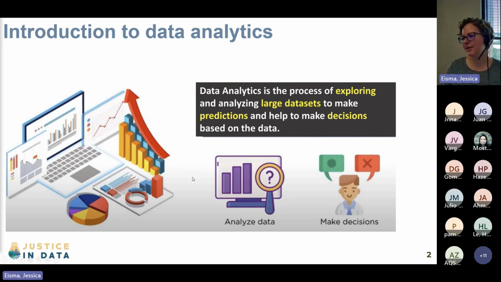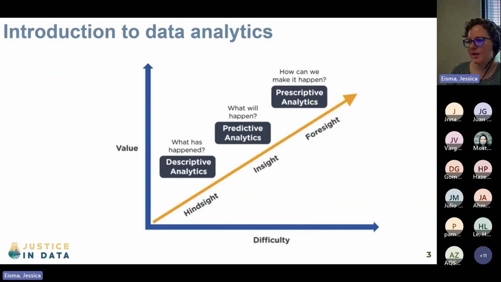the process of data analytics helps us learn enough about the data to make predictions and decisions about the data. So there are three basic types of data analytics, and they increase in value and difficulty as you go up to the right.